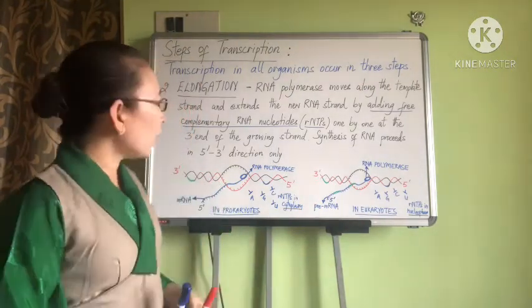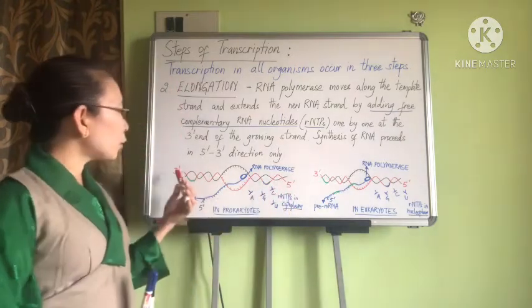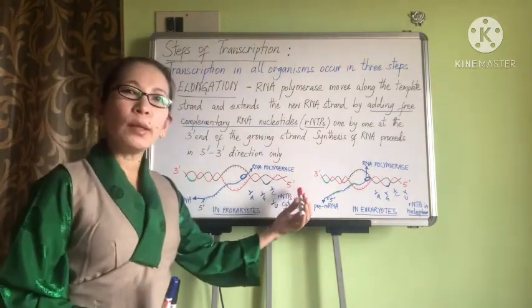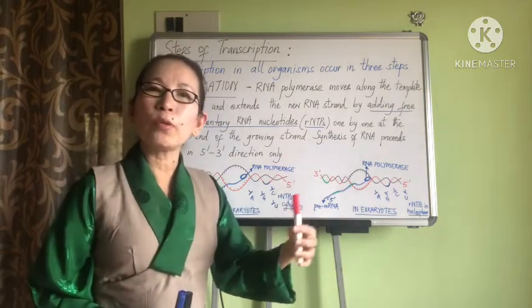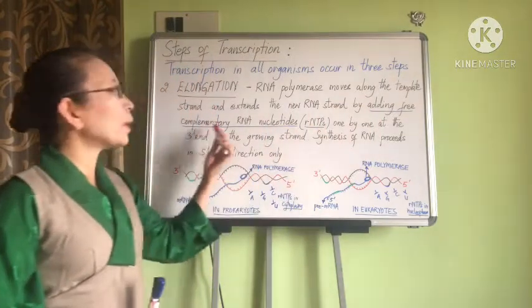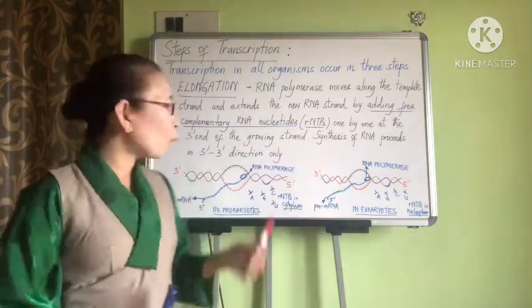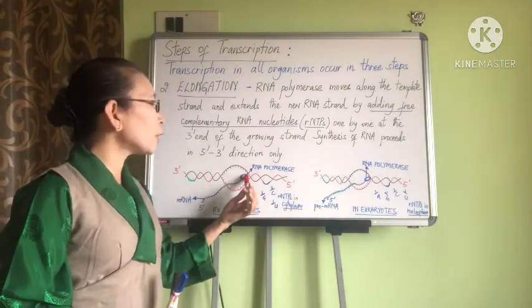During elongation, RNA polymerase moves along the template strand in the 3' to 5' direction and continues copying the information in the template strand by adding free complementary RNA nucleotides, called rNTPs, one by one at the 3' end of the growing strand.